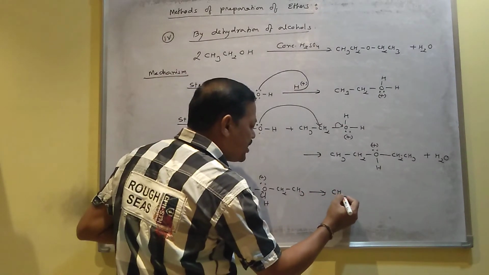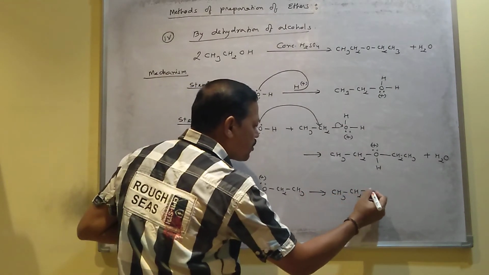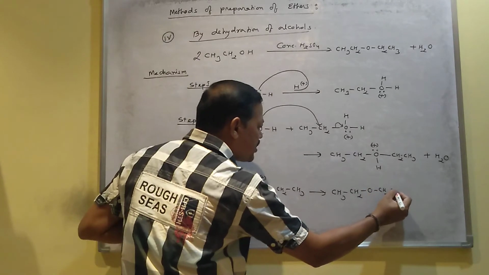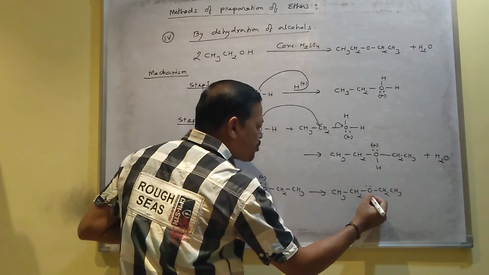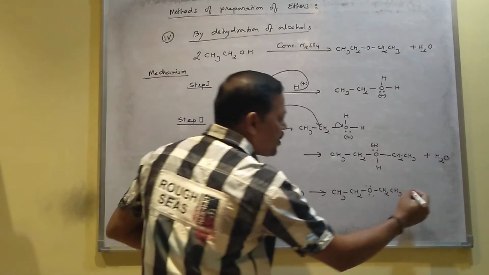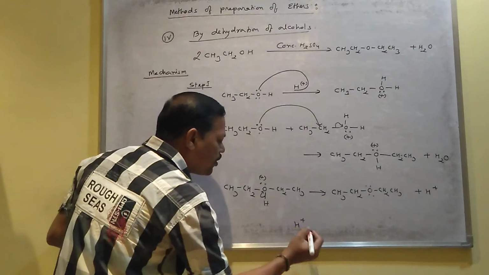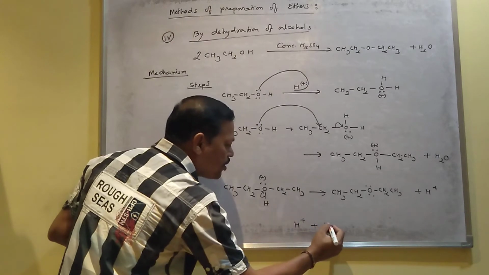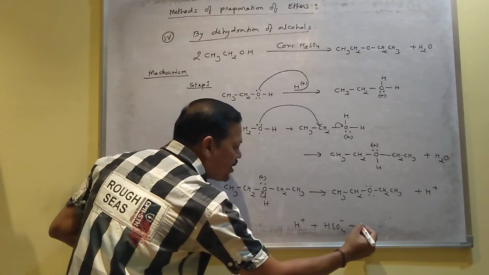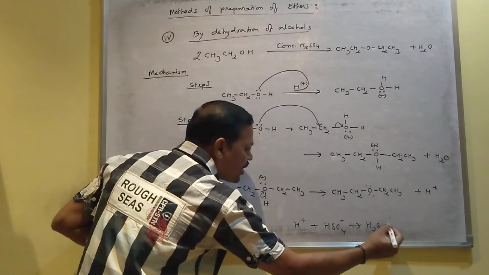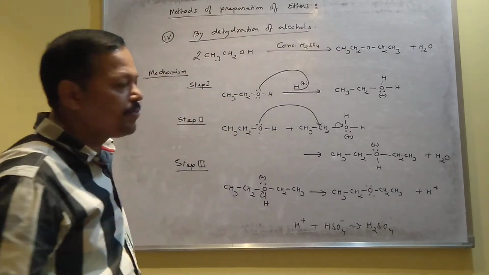Then you will get the ether like this. Now oxygen carries two lone pairs, that's why it becomes neutral, and the H plus ion is again released, and that H plus ion combines with HSO4 minus to again produce the catalyst, sulfuric acid.